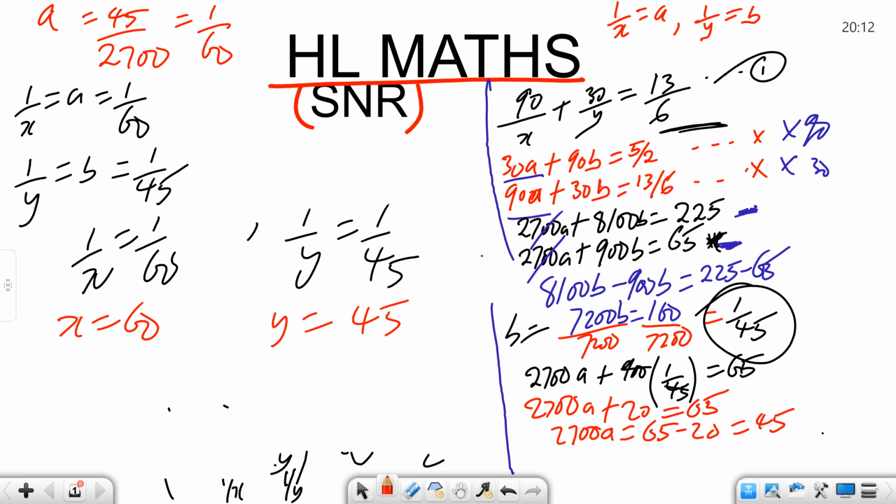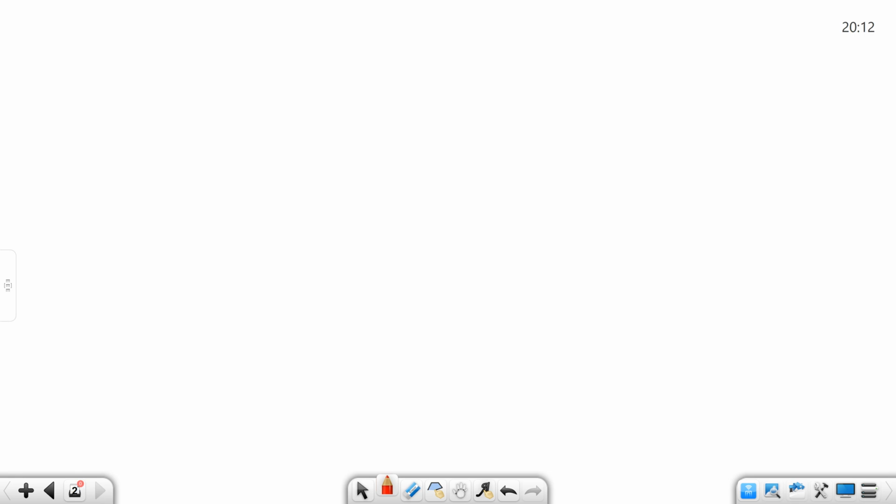So the values of x and y are 60 and 45. Okay, so we move further to the next question, which is question 2.